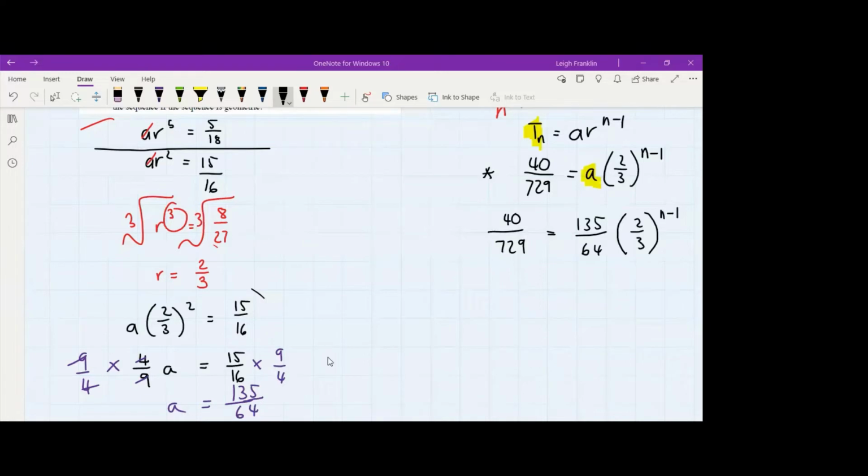And can you please tell me what you get? I get 512 over 19683. Yes. Awesome. Okay, that is equal to 2 over 3 to the n minus 1.